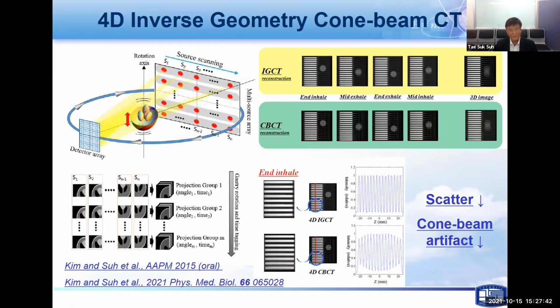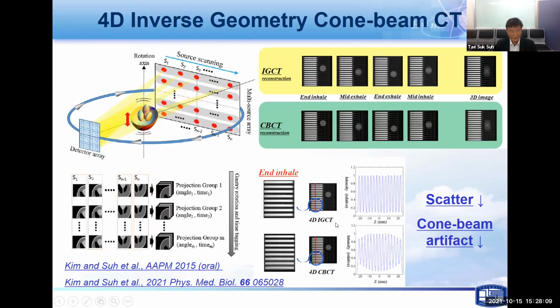You can refer to the paper published in PMB this year. So you can see the whole method, how we developed the 4D IGCT, and how we applied this system to evaluate the scatter and respiratory artifact.